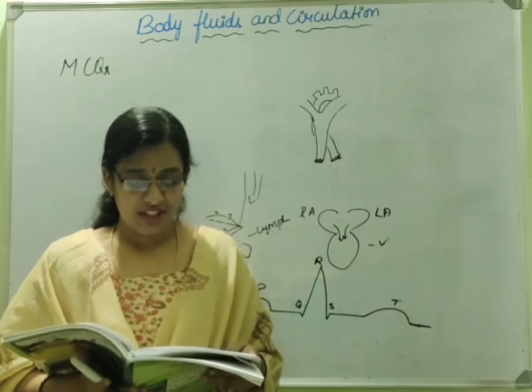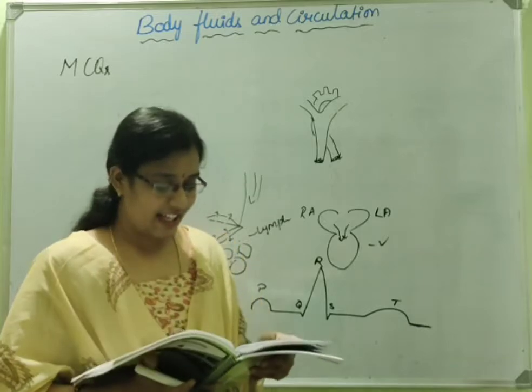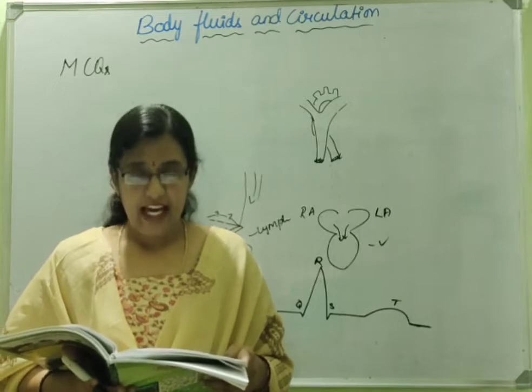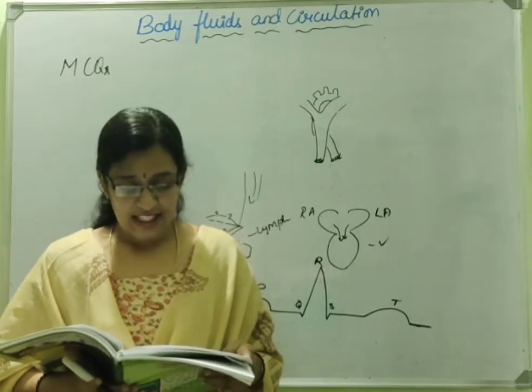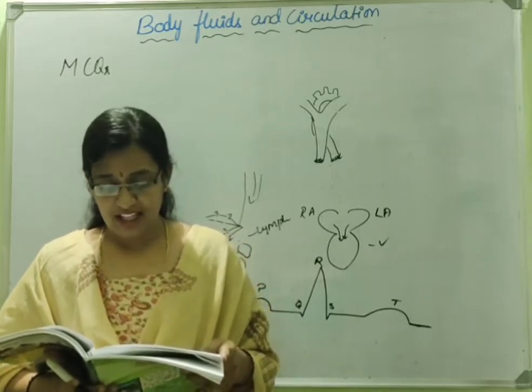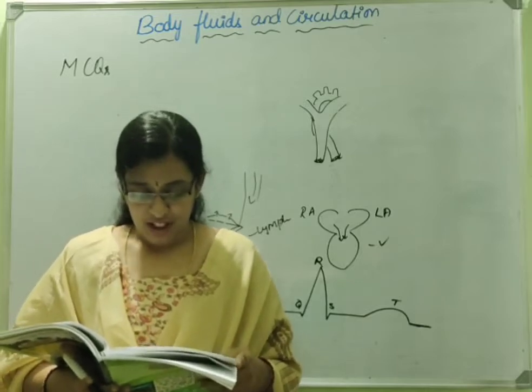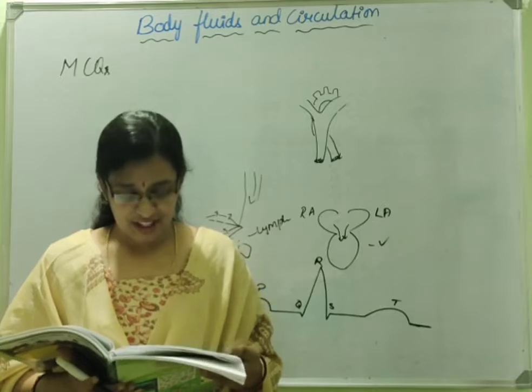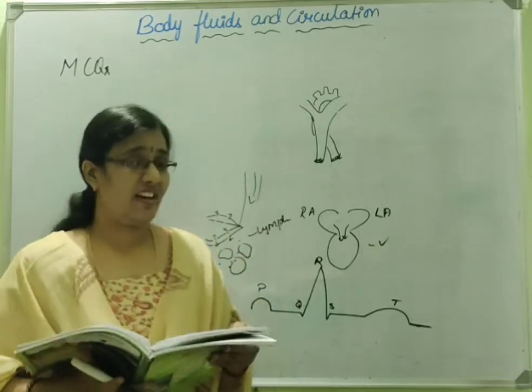So 28th question, P wave of ECG indicates: A, depolarization of atrial muscles, B, activation of SA node, C, spread of excitation from SA node to AV node, D, repolarization of atria and depolarization of ventricles. So what does this P wave indicate?